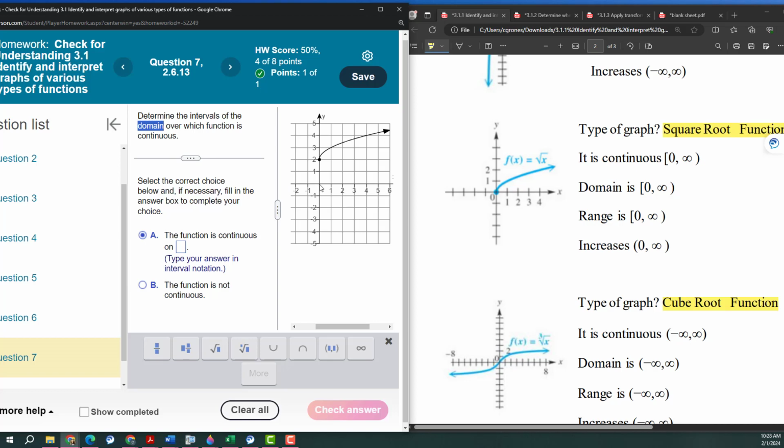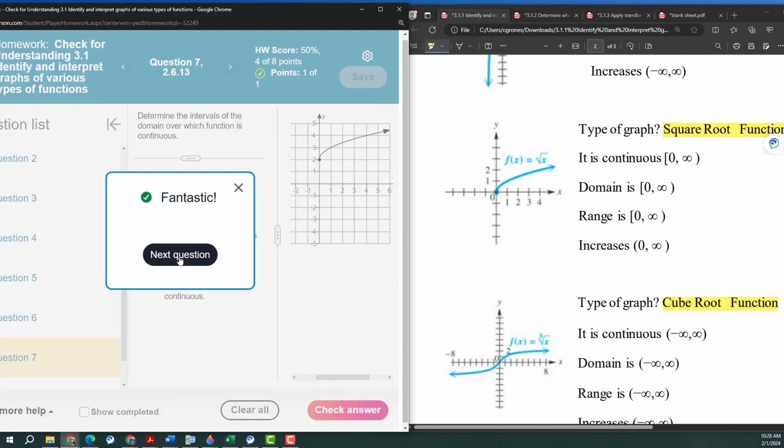So in this case, x is 0, so we are not going to move this. Yes, this has made a translation up, but that is working with our range. Our domain is still starting at 0 and going on into infinity. So 0 to infinity. So that is for our domain.